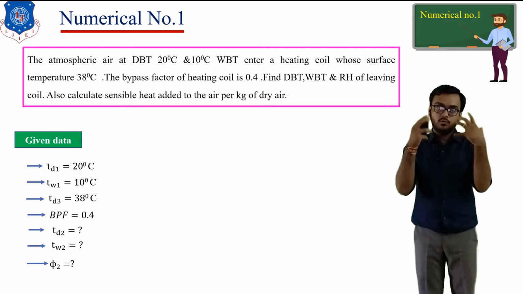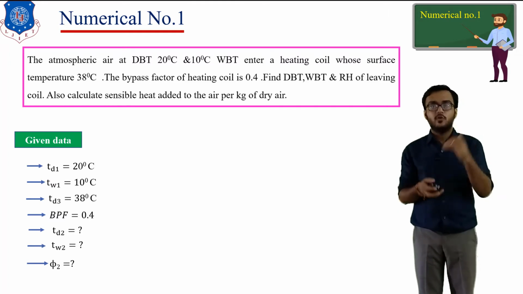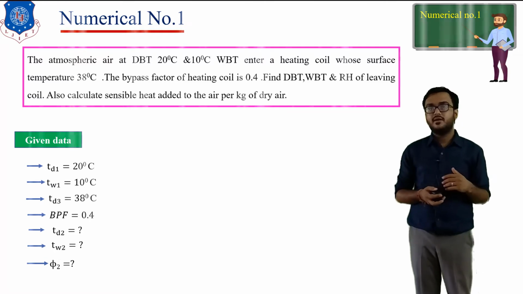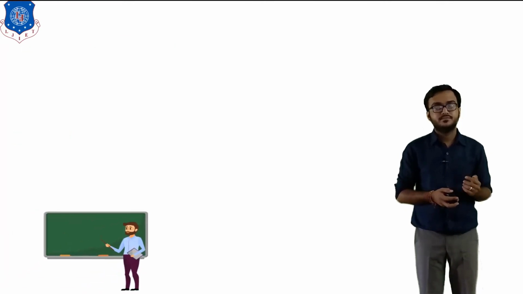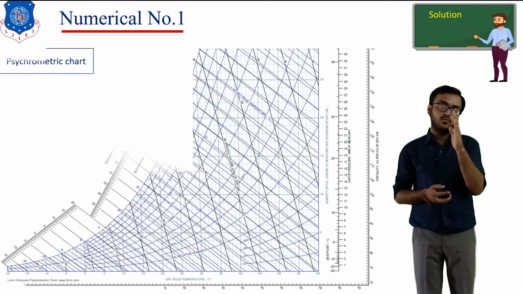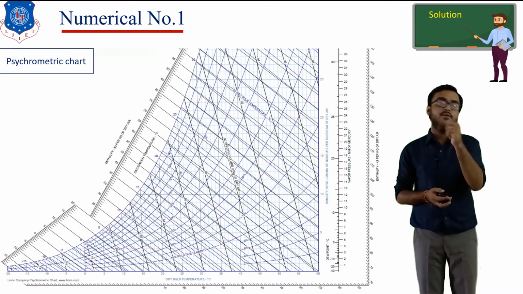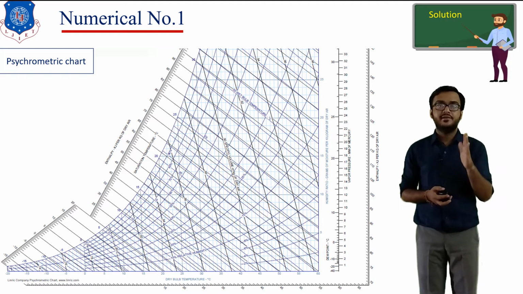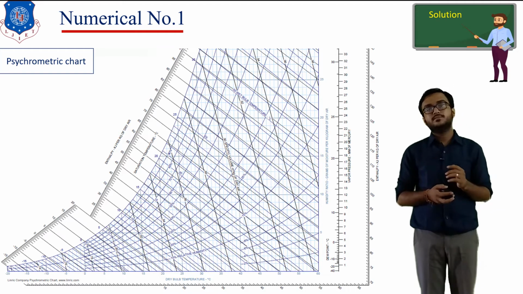To plot point number 1, we need a psychrometric graph. So here we have a psychrometric graph. To locate point number 1, we have two data: dry bulb and wet bulb. Dry bulb is 20 degree, so you need to plot the 20 degree dry bulb temperature line like this.